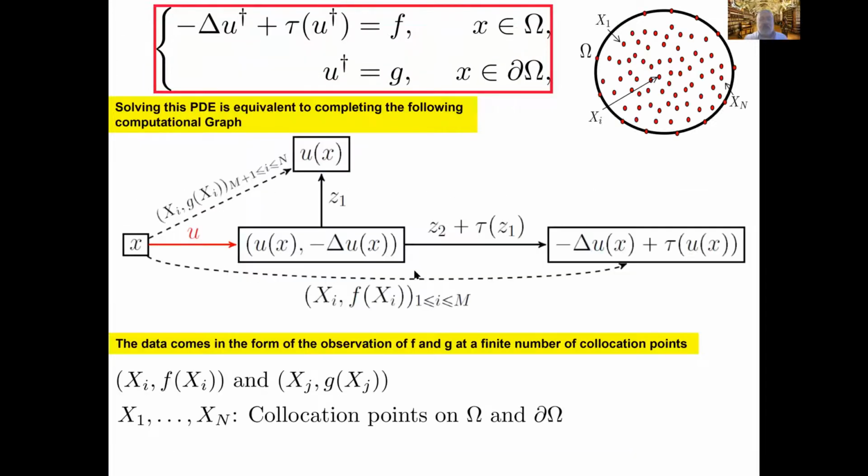Now, observe that solving this PDE is equivalent to completing the following computational graph in which nodes represent variables and edges are directed and represent functions, with known functions colored in black and unknown functions colored in red. This graph has only one unknown function, which is the solution of the PDE.